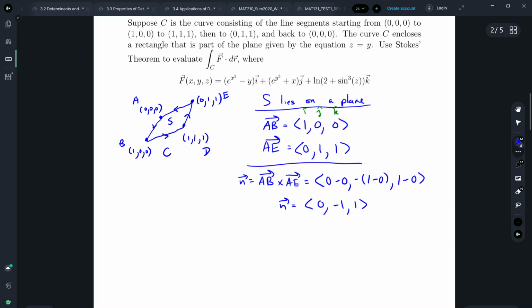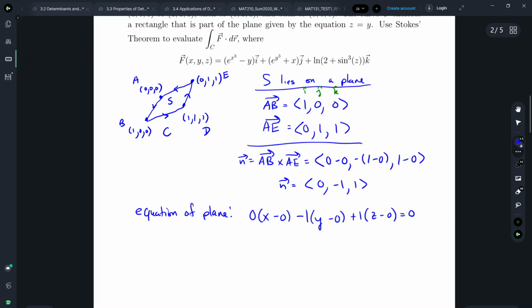Okay, so now the equation of the plane. The coefficients are the normal vector, and then I can take the point on the plane to be 0, 0, 0 to keep things simple. So it'll be 0 times x minus 0, and then minus 1 times y minus 0, and then plus 1 times z minus 0.